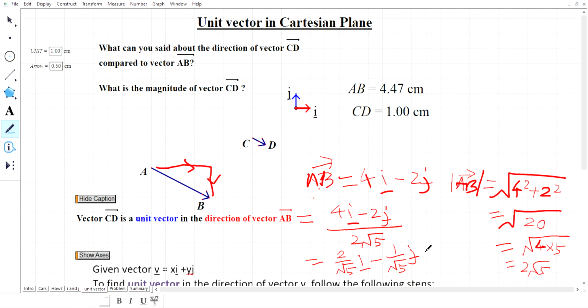You can rationalize it to 2 square root 5 over 5 i minus square root 5 over 5 j.